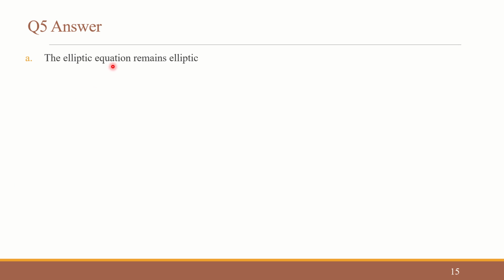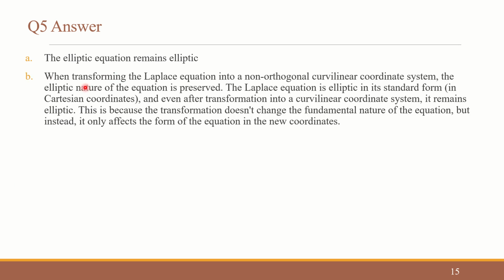Elliptic equation remains elliptic. When transforming the Laplace equation into a non-orthogonal curvilinear coordinate system, the nature of the equation is preserved. The elliptic nature of the equation is preserved.